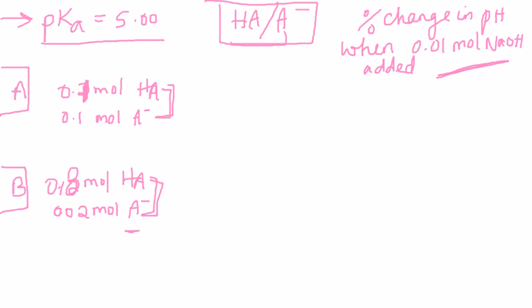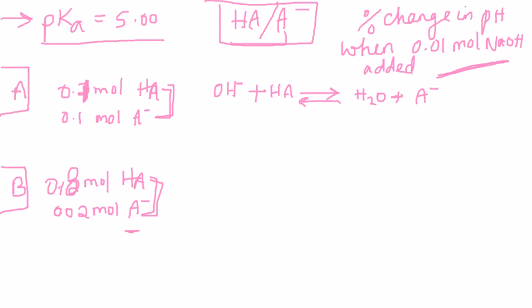In order to do that, you will be using your Henderson-Hasselbalch equation, but you have to see what would happen when the OH negative is added to this buffer. Hopefully you can visualize that the acid component is going to react with that added base. It's going to give you water, and A negative will get generated.